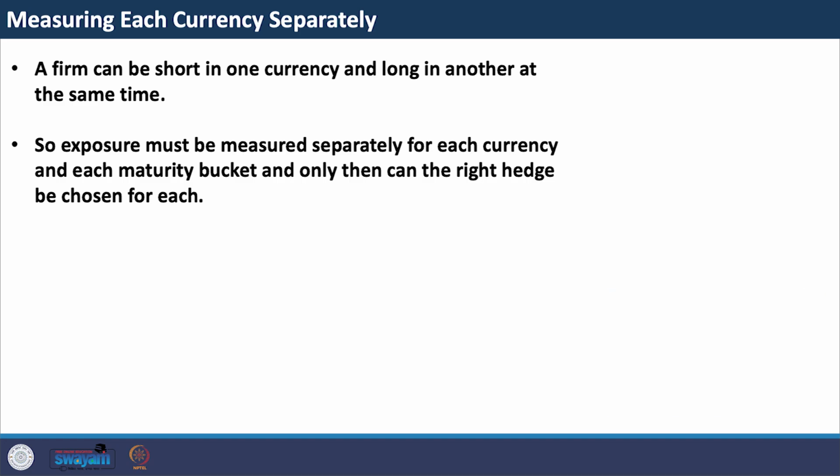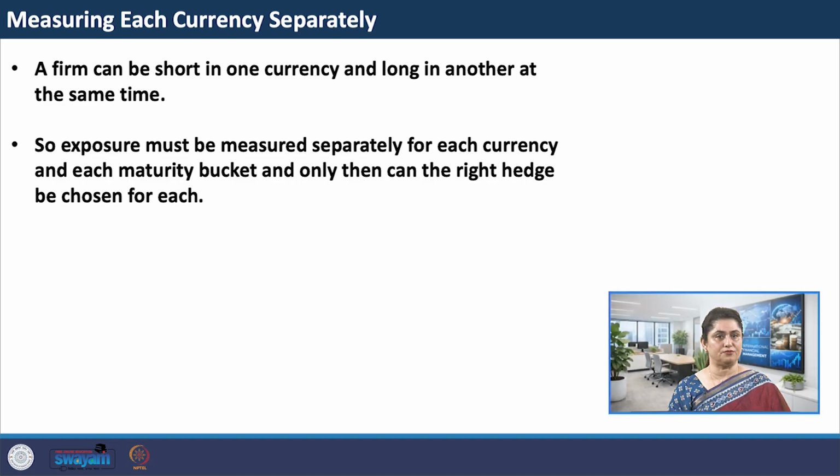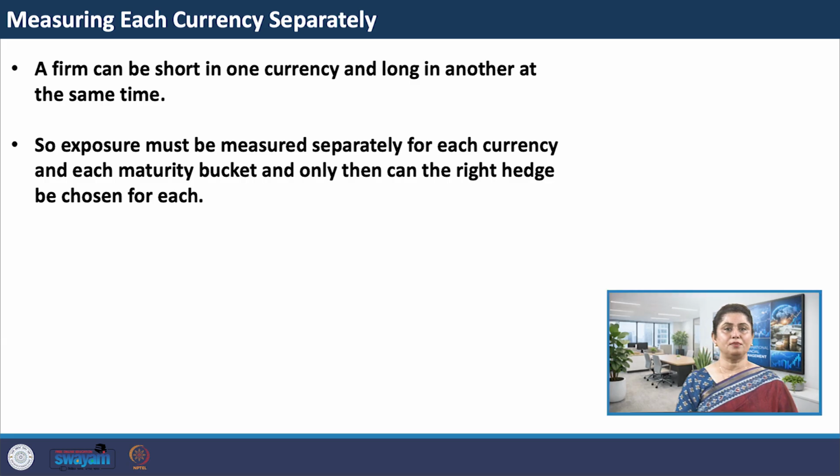The firm has a net payable position of 500 USD in 45 days, and a net receivable position of 15,000 euro in 55 days. This example highlights an important point: a firm may simultaneously be short in one currency and long in another. That is why exposure should always be measured separately for each currency and maturity bucket. Only after this analysis can the firm decide the appropriate hedging strategy for each currency.